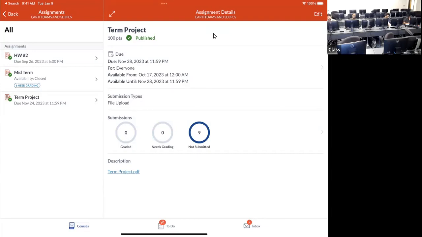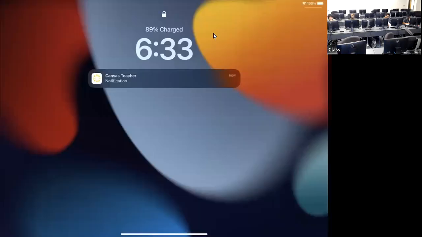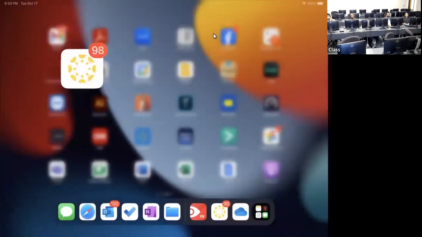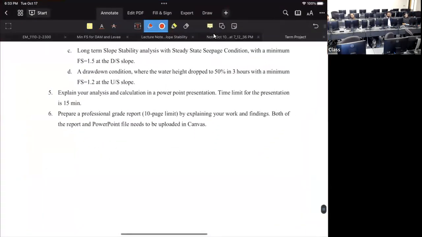But remember, you have the final, right? The final will be take home. The timeline will be similar to the earlier one.